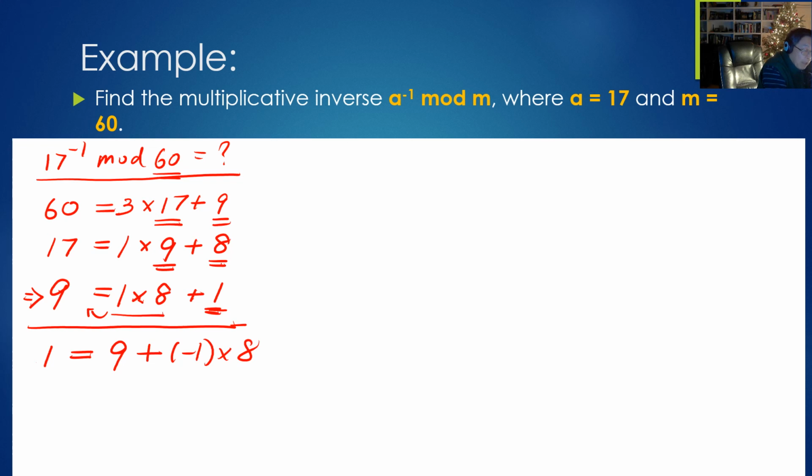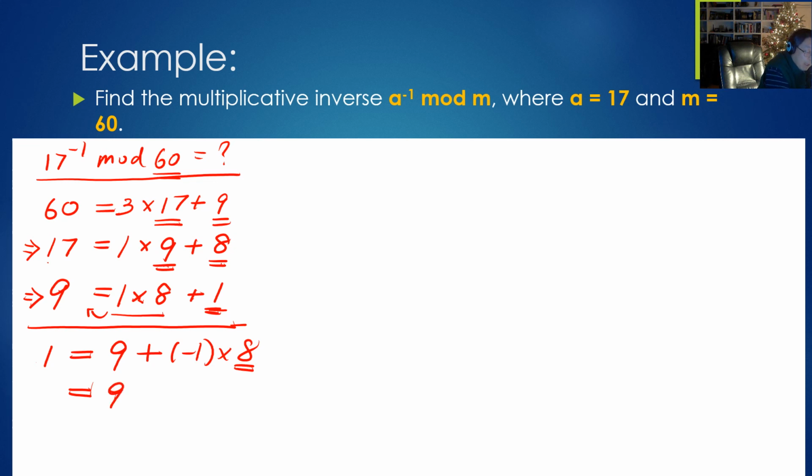Okay, now we got this term. So I'm actually going to just move it further. So what is 8? 8 is the remainder when you divide 17 by 9, right? So I can actually apply the second statement.